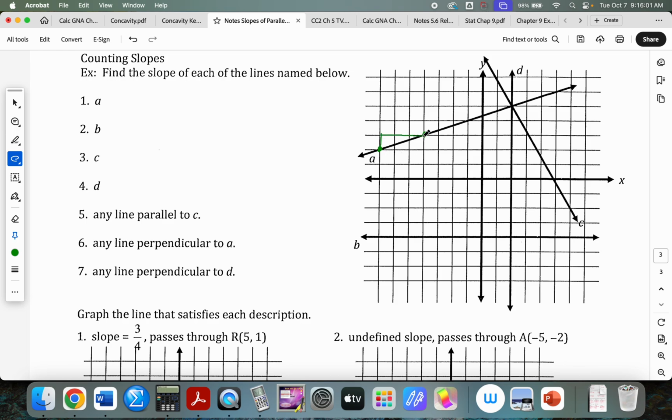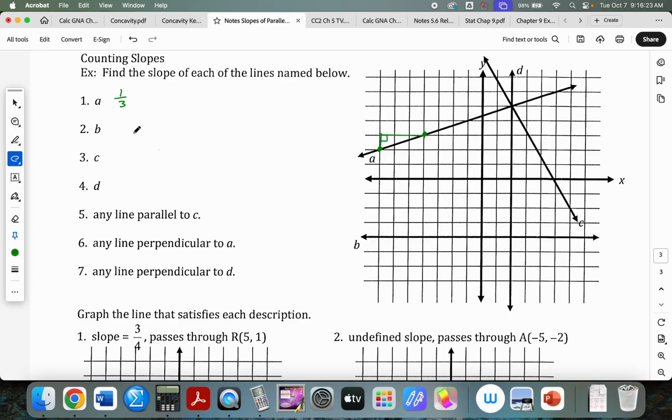You don't have to necessarily draw in the triangle, but that's the slope triangle, where this is 1 and this is 3. So the slope of line A is 1/3. The vertical change is 1, the horizontal change is 3. And notice that the line goes up as it goes from left to right, so the slope is positive.